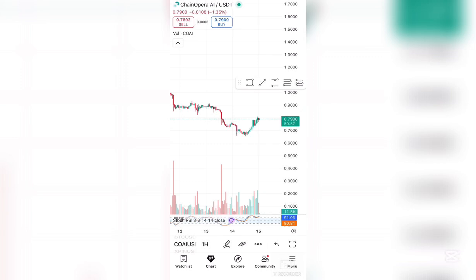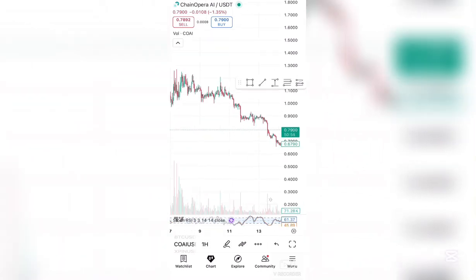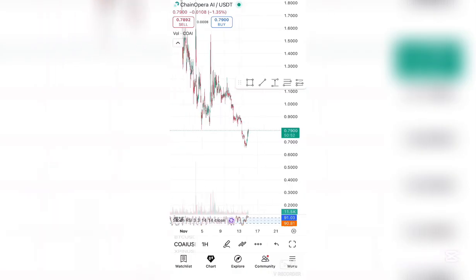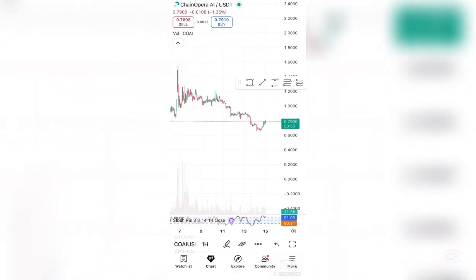When you put all the hours together, you can know a particular trend, you can know support and resistance zones and stuff like that. But understand this right now, that when we are considering the 1 hour time frame, every candle we see, whether red or green, stands for just 1 hour.